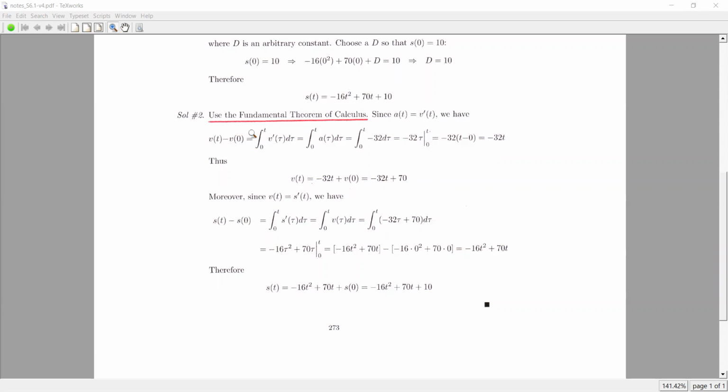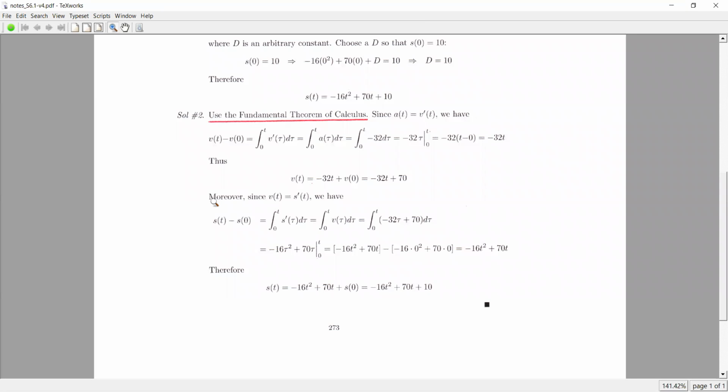Now move this number to the right side. Then we have this equation. By the initial condition, v of 0 is 70. Therefore, the velocity function is equal to negative 32 times t plus 70.